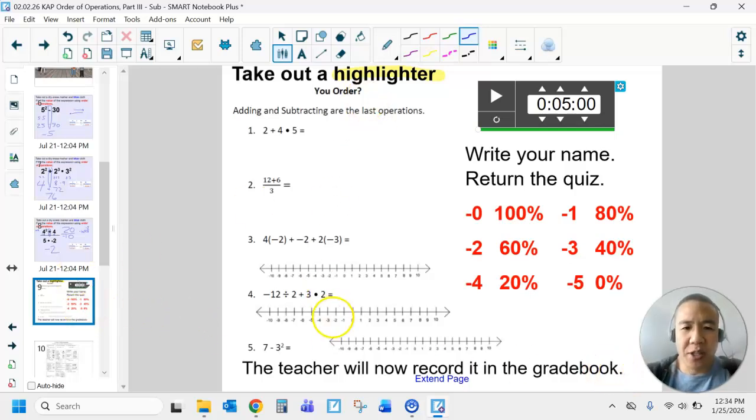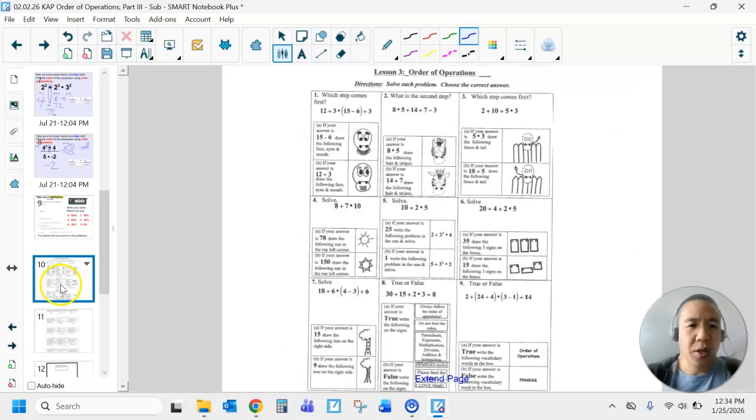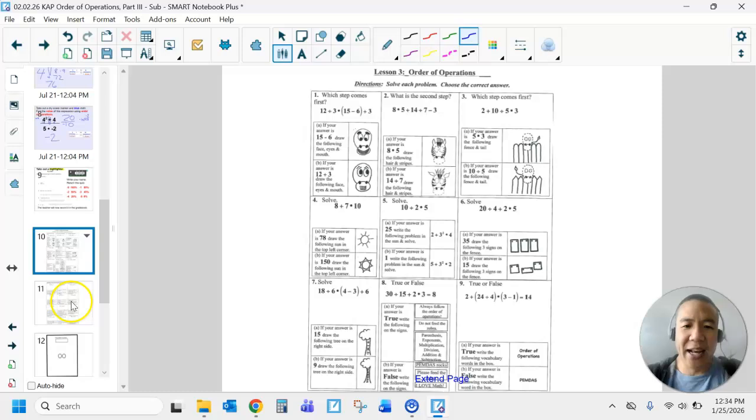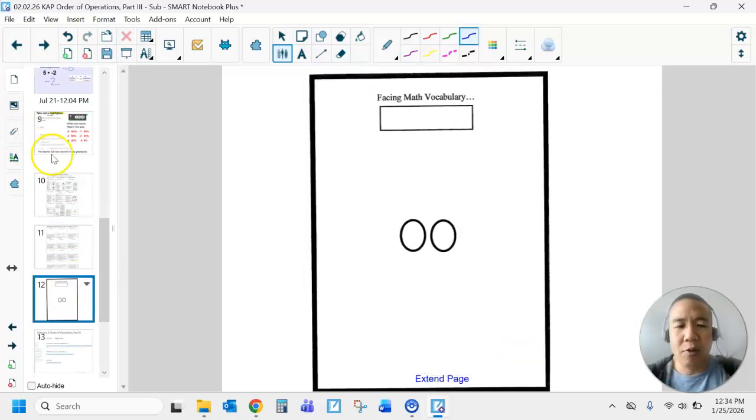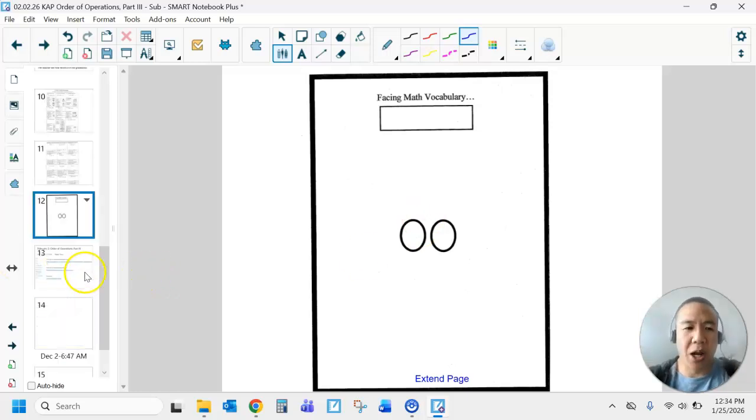When you're done with these 5 questions, you will ask for this sheet called the FACES. It has 21 questions to do. This is your classwork. From these answers, you are going to color and do an art project with it.